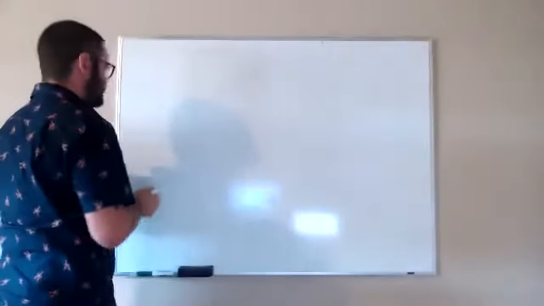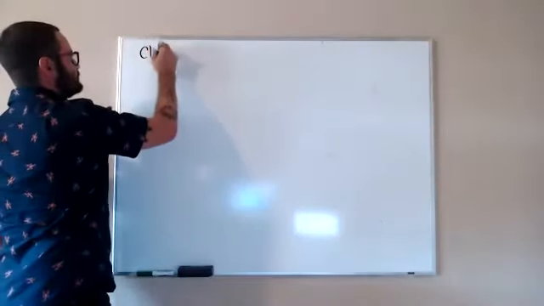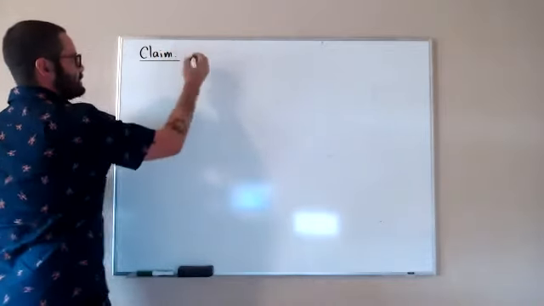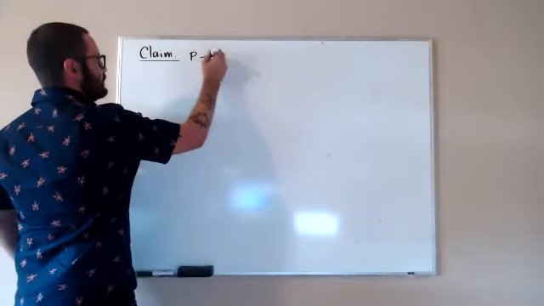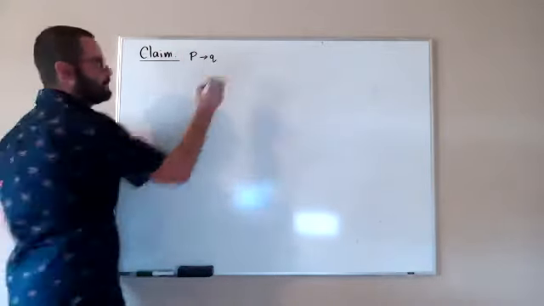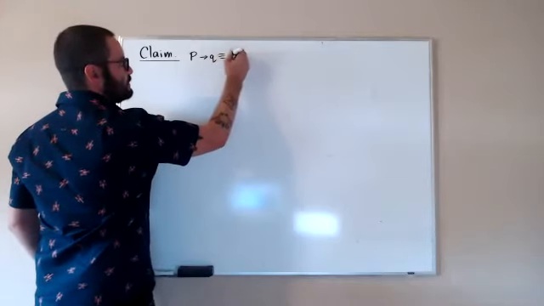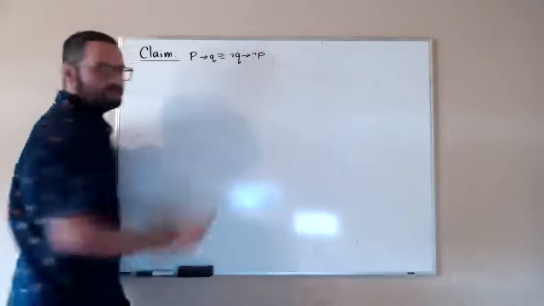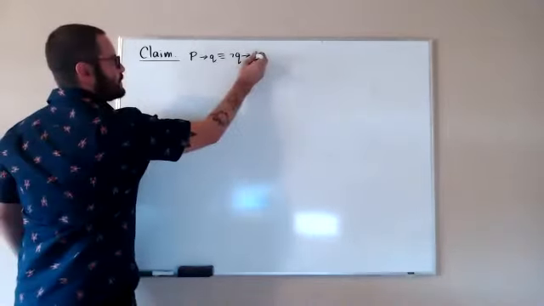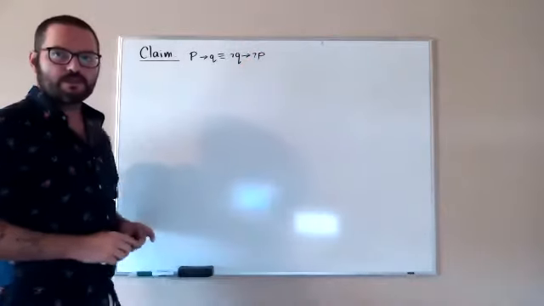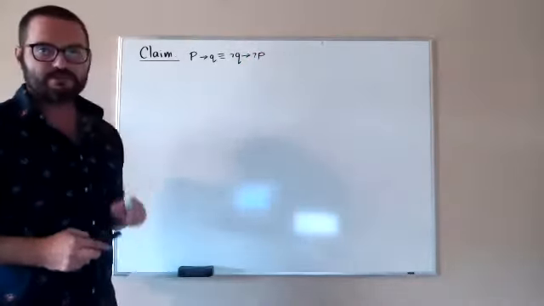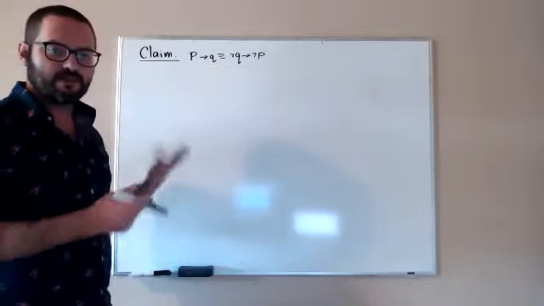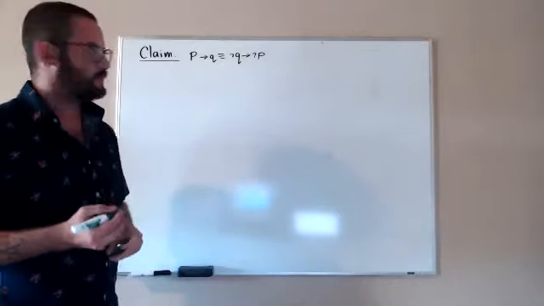Okay, so my claim is that the conditional, if P then Q, I claim that that's logically equivalent to not Q implies not P. So in order for this to be true, if I'm going to write that, then it has to satisfy the definition of logical equivalence.